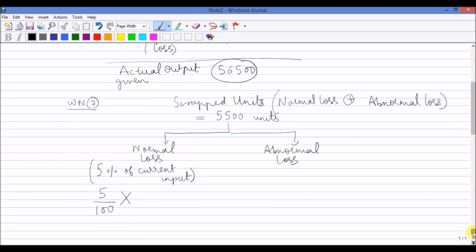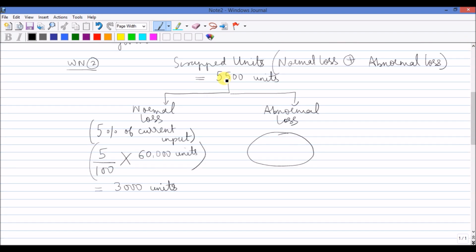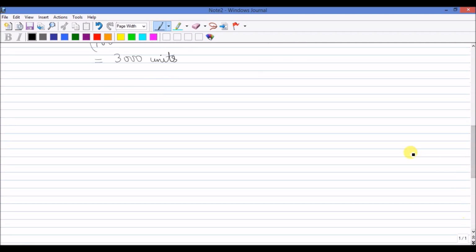So what I get is 3,000 units. This is the normal loss, and the balancing figure will be taken as abnormal loss. So out of 5,500 units, 3,000 units are normal loss, so 2,500 units is abnormal loss. The second working note is also done.